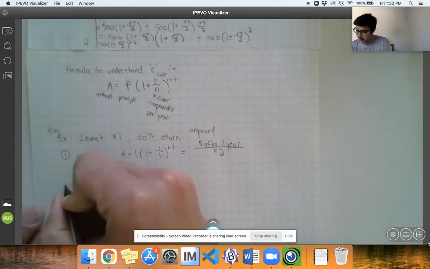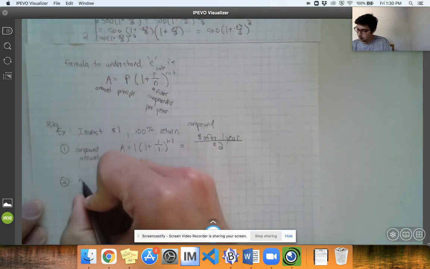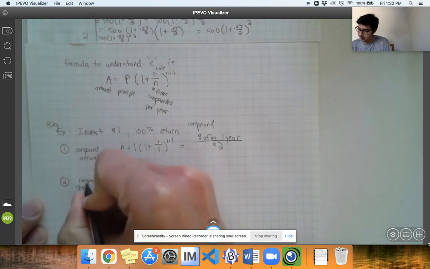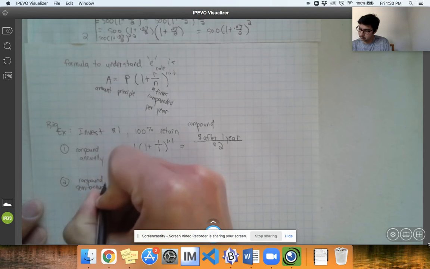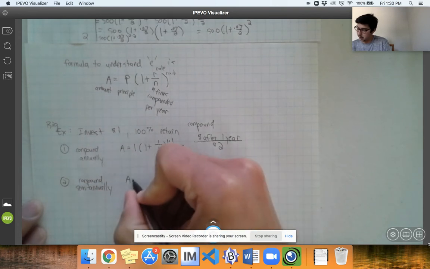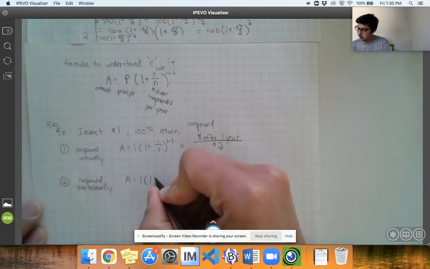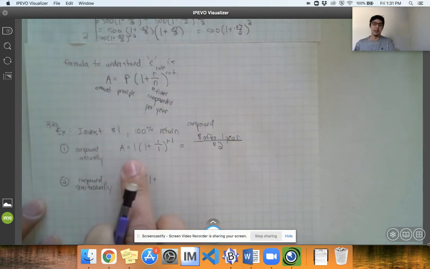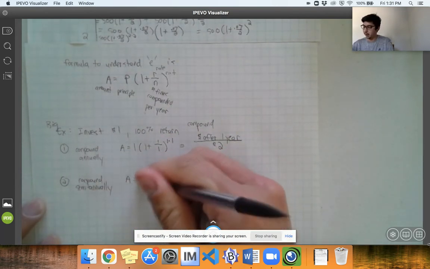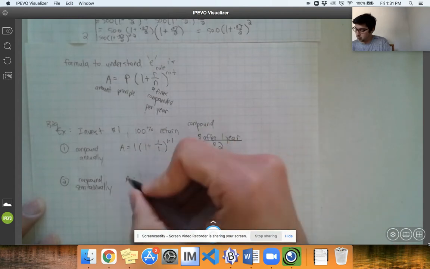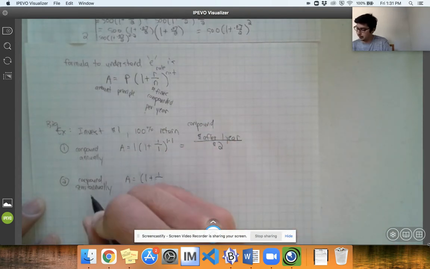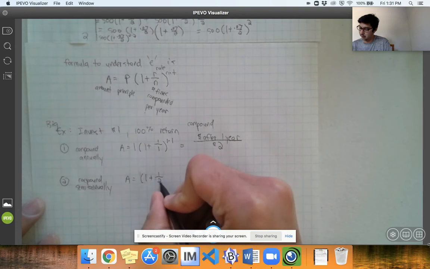And that's great. All right. What if, instead of compounding annually, we compound semi-annually? So then that would be A equals 1 plus 1. Now, when I write this, notice that I don't need to put the 1 in front. So I'm just going to ignore that 1 in front and just start with the parentheses: 1 plus 1 over 2, because semi-annually means it's going to compound 2 times in a year.